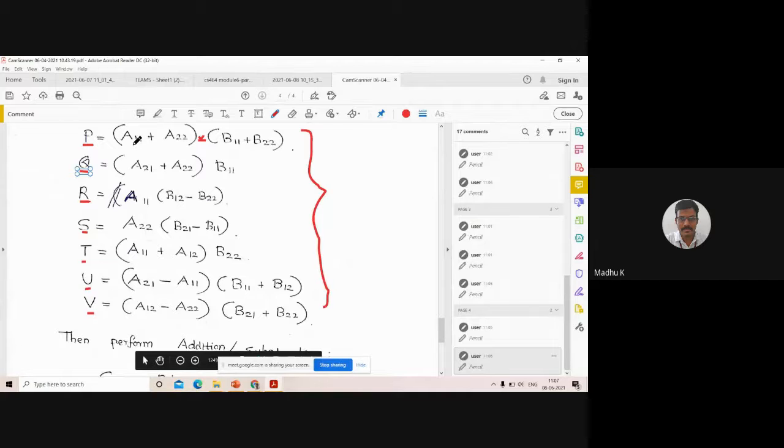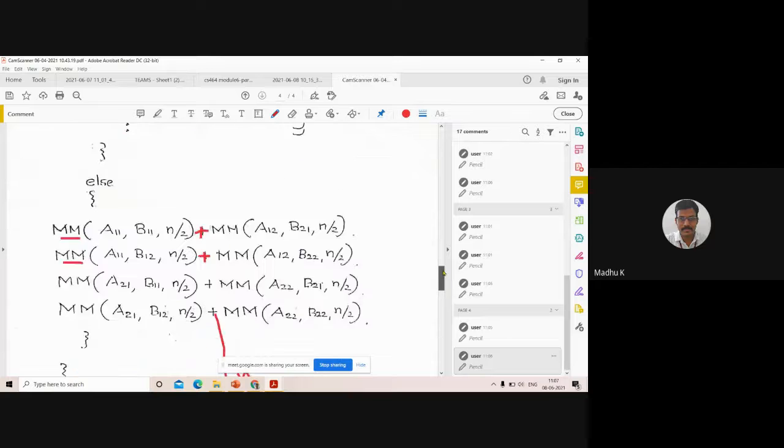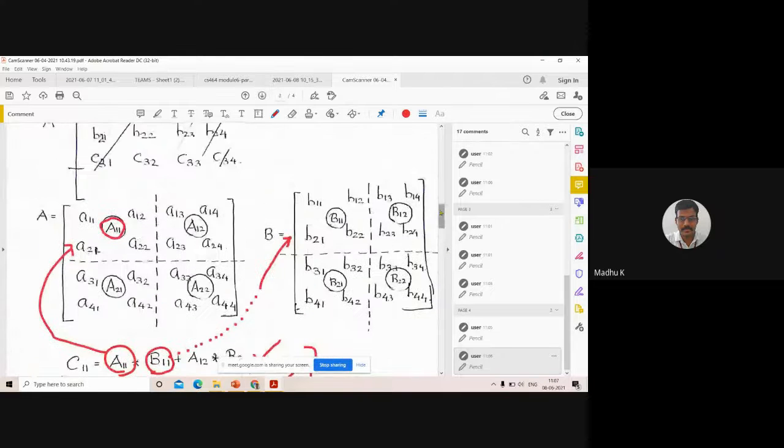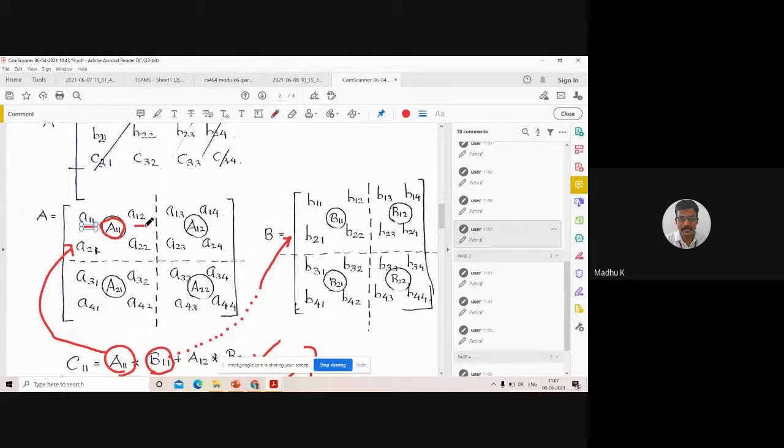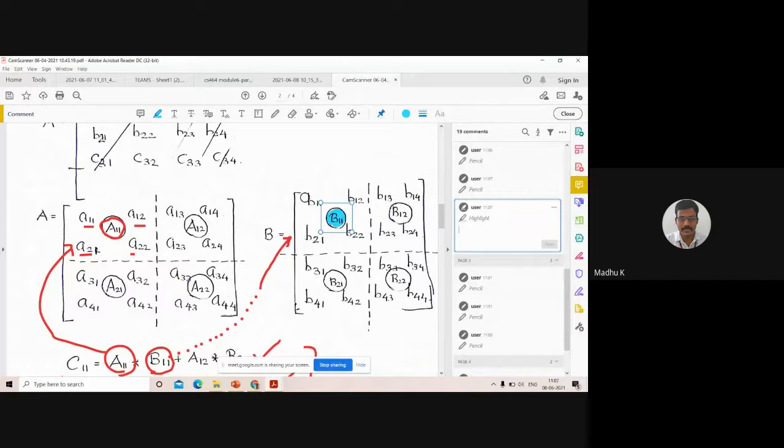What does A11 mean? A11 is a 2 by 2 matrix. That is, if it is a 4 by 4 matrix, this one is A11, A12, and this is A21, A22. Similarly, you can note the others also. This is the B11 matrix.